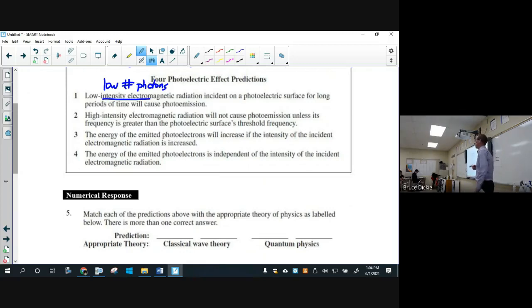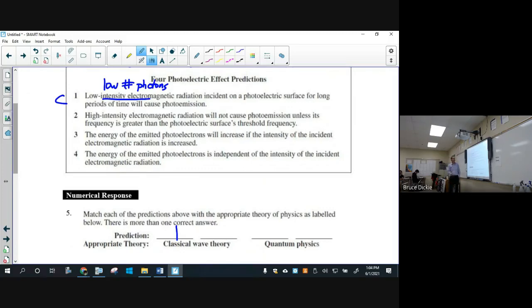Nothing's happening, nothing's happening, nothing's happening. And then all of a sudden something happens? No, if it doesn't happen immediately, it will never happen, right? Doesn't matter how many you have. If it doesn't happen immediately, it must mean you're below the threshold frequency. Nothing happens ever. So that would be wrong. This one would be classical theory.